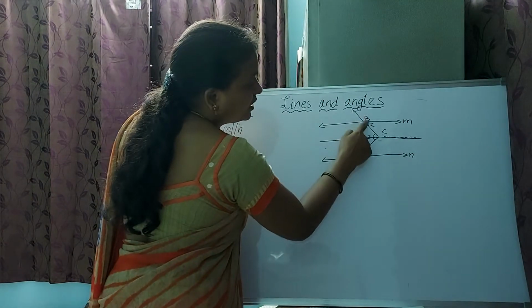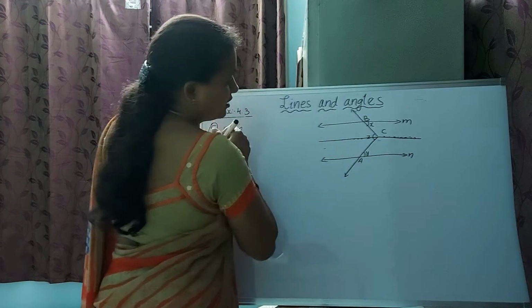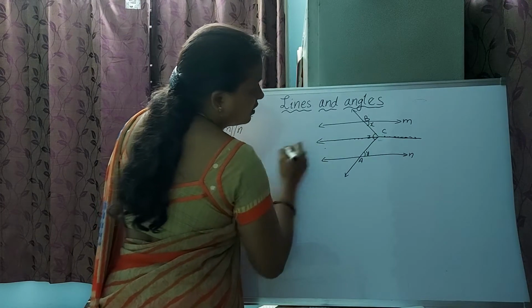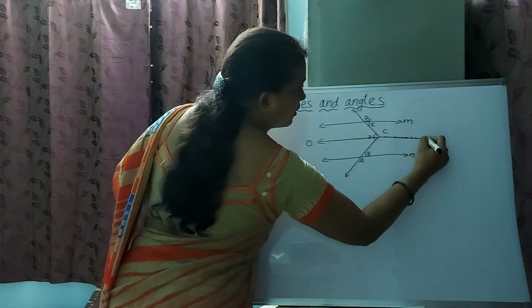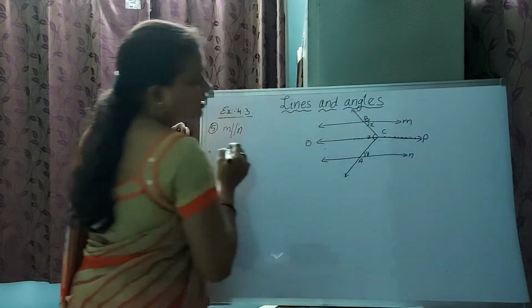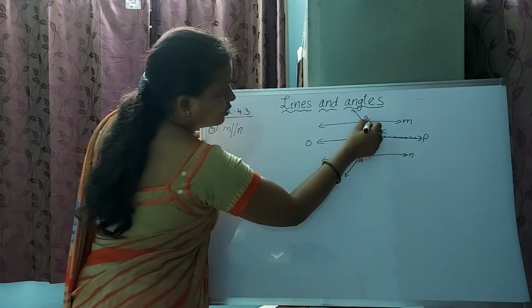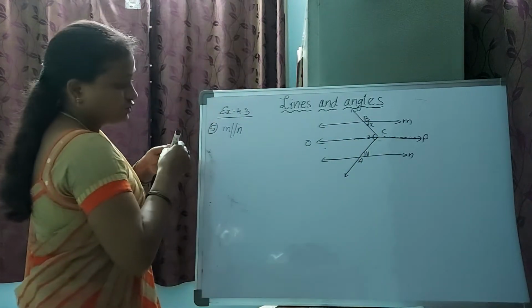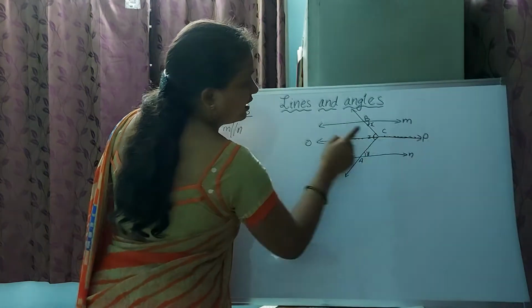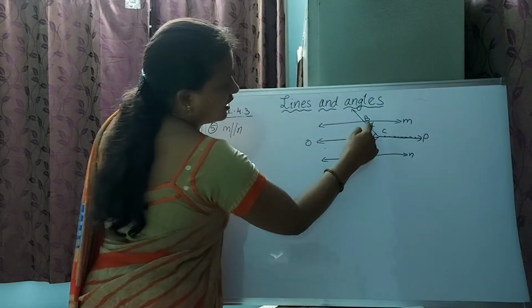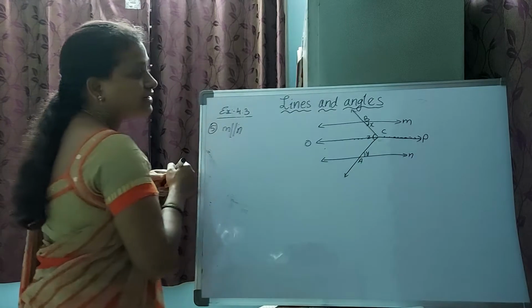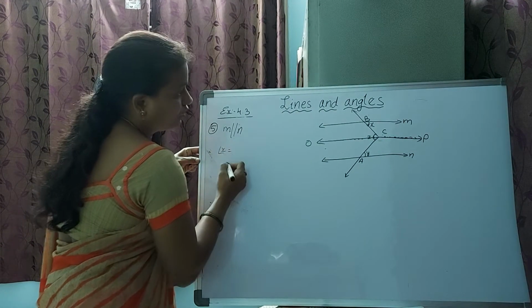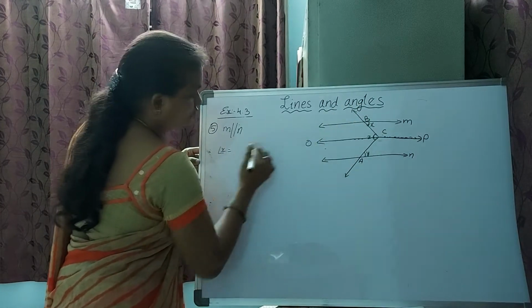Now, if you observe only these two lines, take this one as line OP. These two lines are parallel and this is a transversal. These two are alternate interior angles, so angle X is equal to angle BCO.